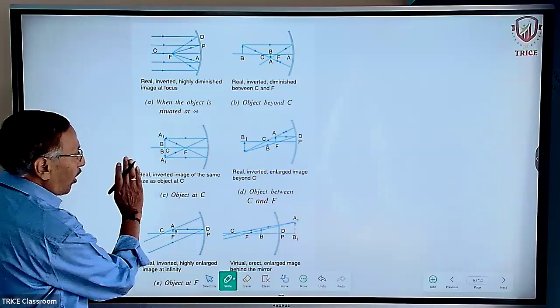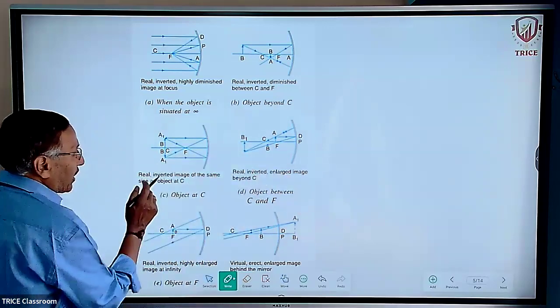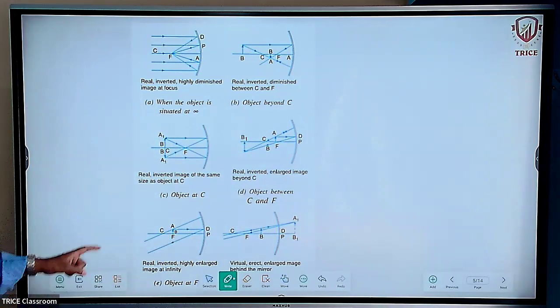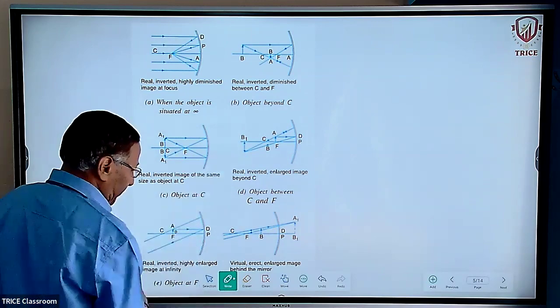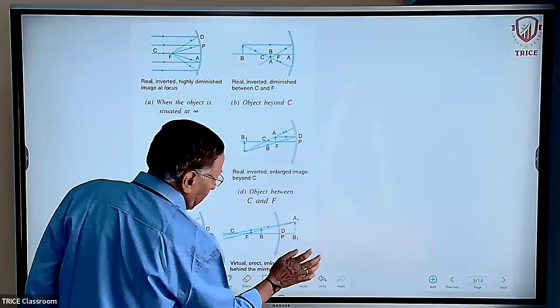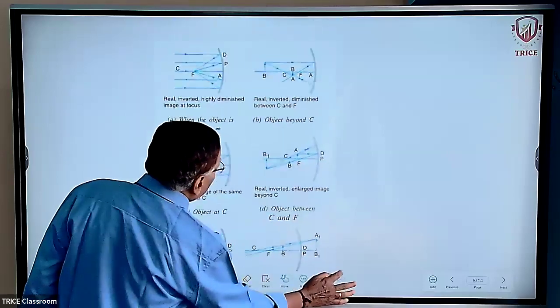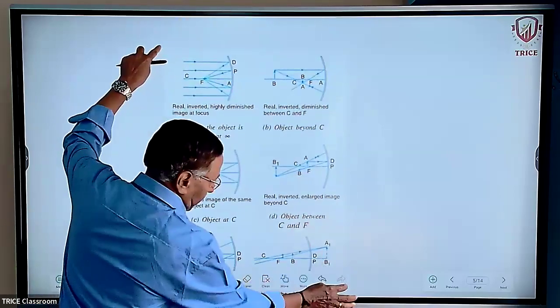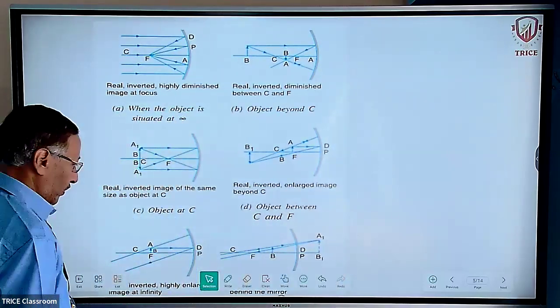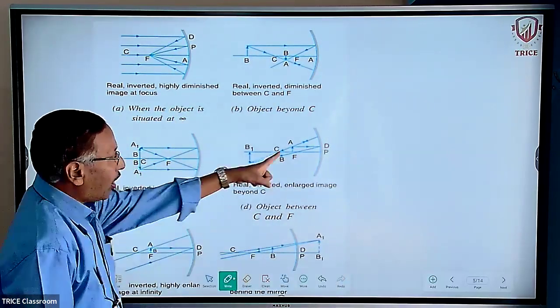Now, if you move the object again forward, in between center of curvature and principal focus, you get an enlarged image. Now see here, object is small.